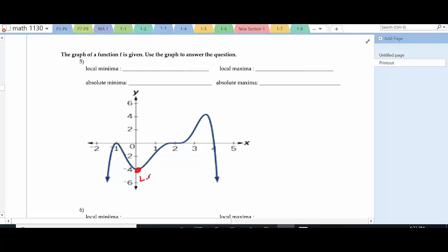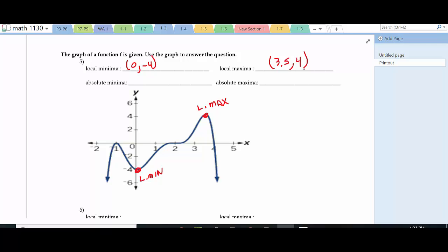So that's a local min, and you can just say the point 0, -4. Okay. I usually just have you name them with points. Local max would be here, and that would be the point, we'll just say 3.5, 4. It looks like what that is. Okay. Now, what do you think the absolute minimum is?